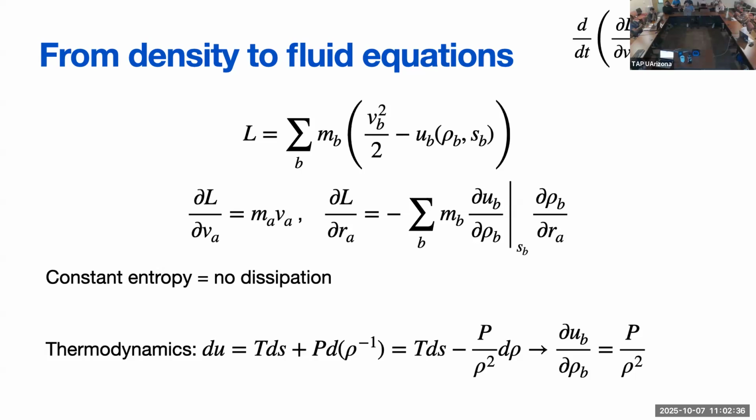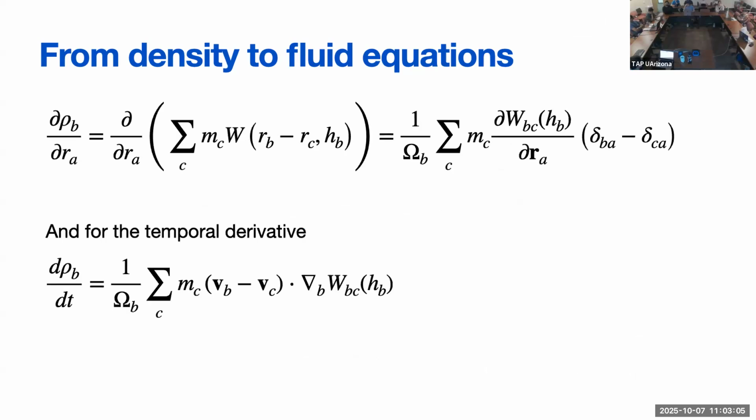And we also need to use the first principle of thermodynamics to compute the derivative of the internal energy with respect to the density. Assuming that the entropy is constant, the derivative of the internal energy with respect to the density is just the pressure over the density to the power of 2.